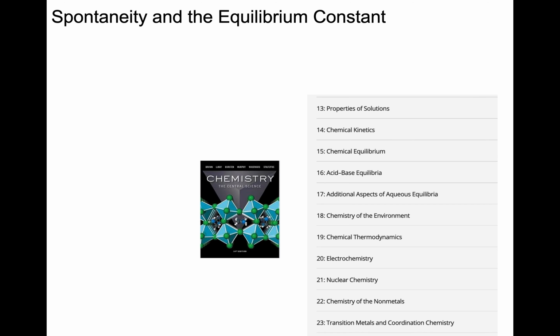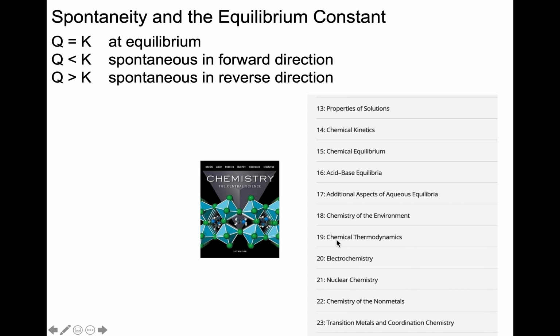So when I'm thinking about spontaneity and the equilibrium constant within my textbook and within most other general chemistry textbooks, this is a pretty standard treatment, meaning kinetics are introduced, there's aspects of equilibrium, and then the thermodynamics section is found. So let's recognize that within this storyline, and I think within your own understanding, you already have some insights about equilibrium.